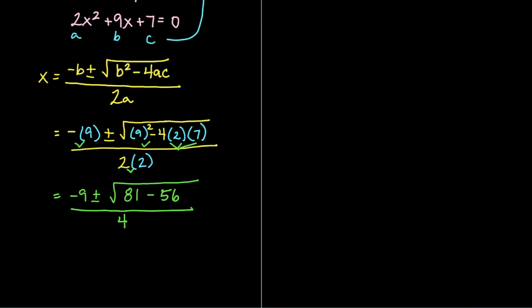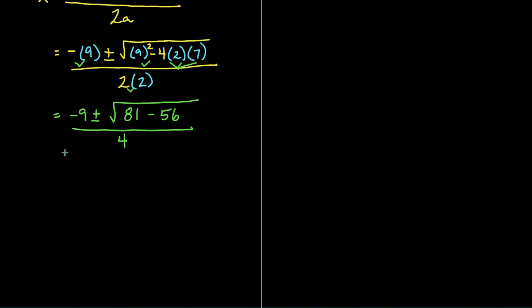Cool. So I get negative 9 plus or minus the square root of 81 minus 56, which is 25, over 4. At this point we can rewrite this two different ways, but I'm actually going to do the square root of 25 first.